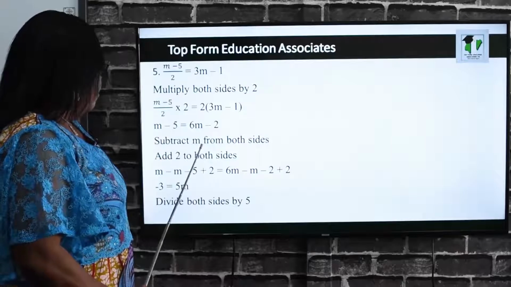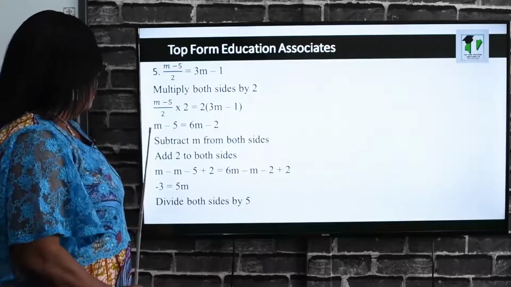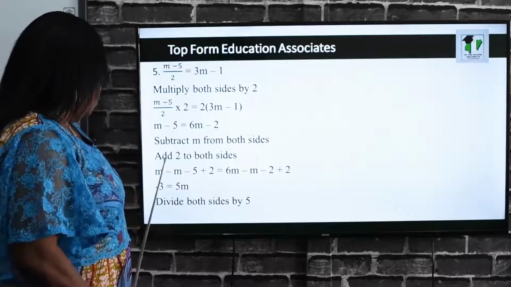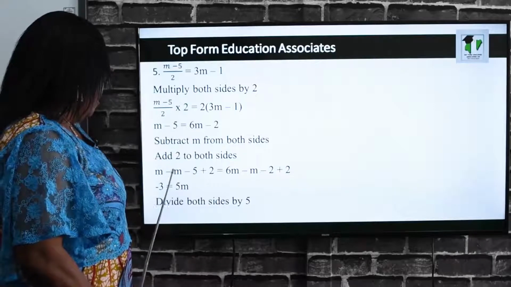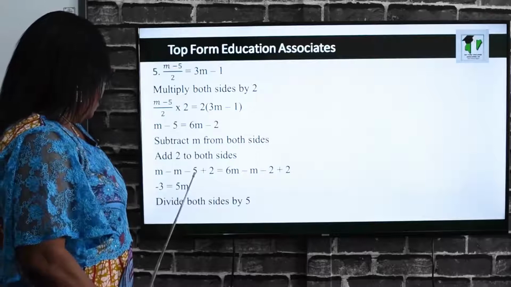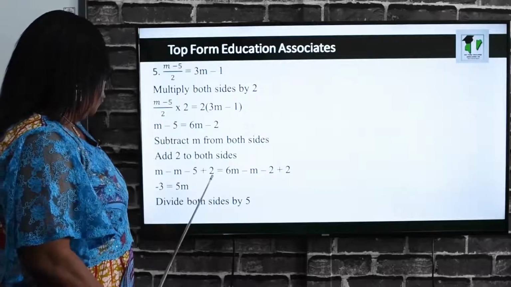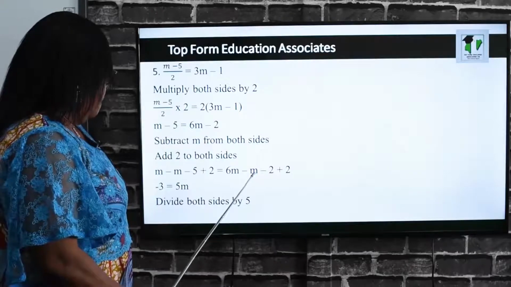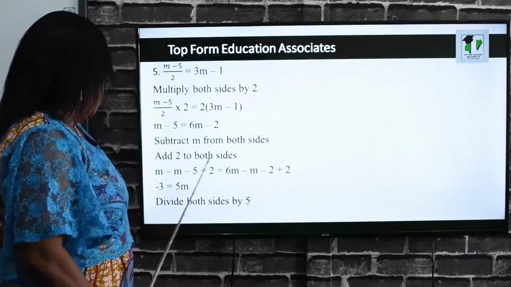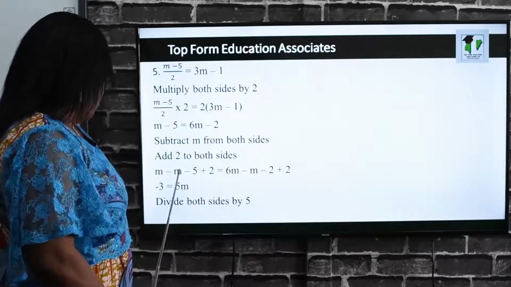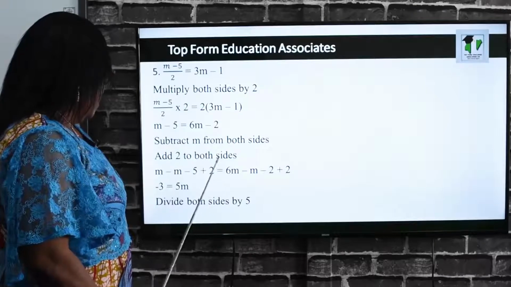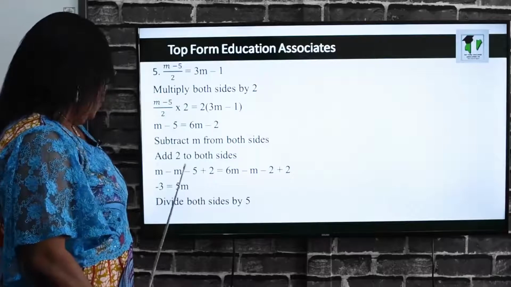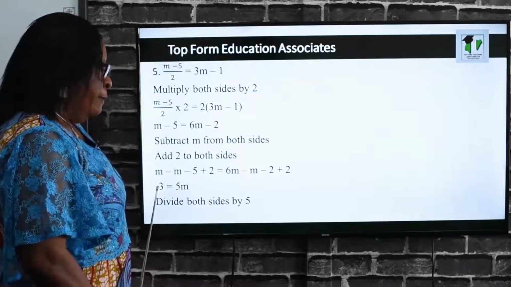Subtract m from both sides and add 2 to both sides. What will it be? Minus m minus 5 plus 2 equals 6m minus m minus 2 plus 2. So m minus m cancels. We now have minus 5 plus 2 will give us minus 3.